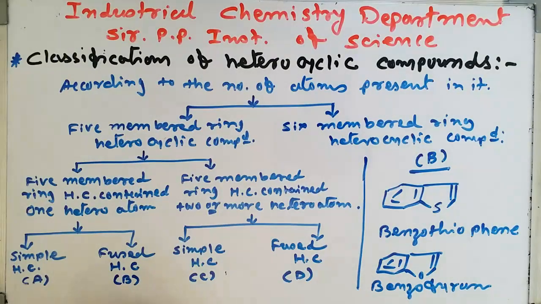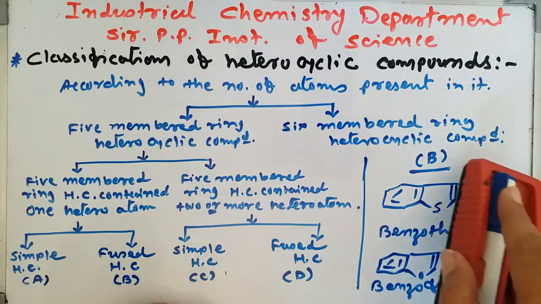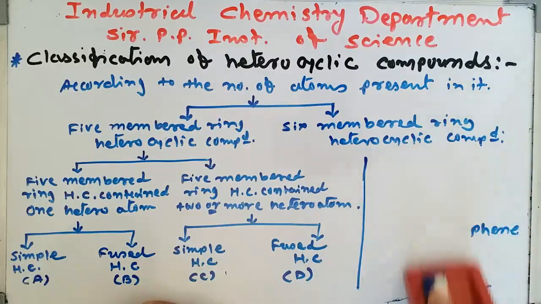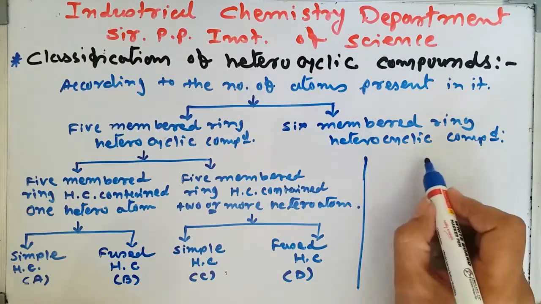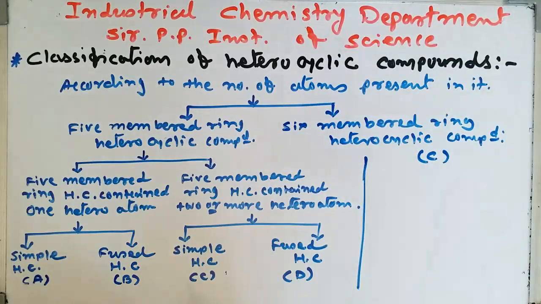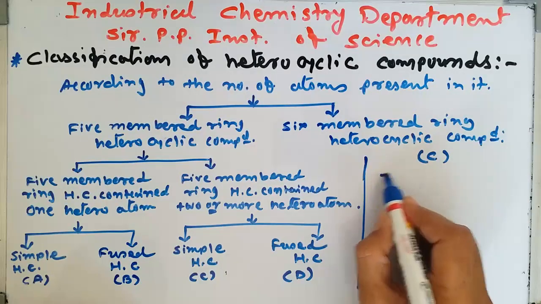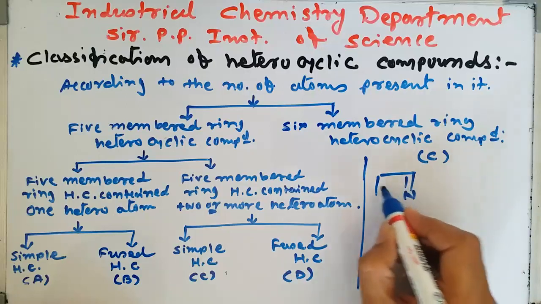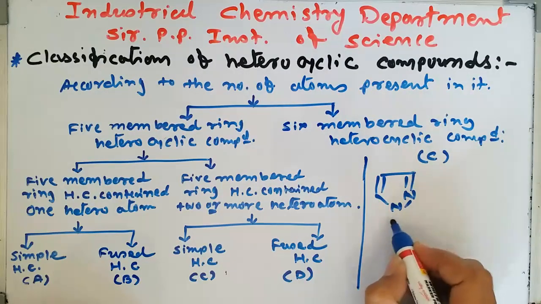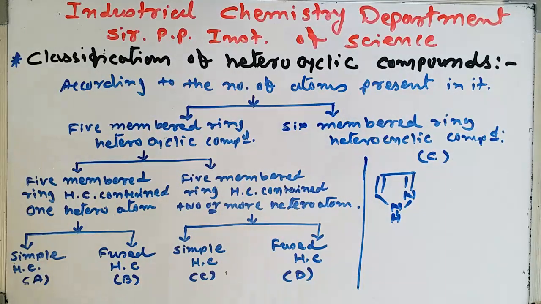Now we see the third portion C. Example of simple 5-member ring heterocyclic containing two or more heteroatoms. As for example, this is known as pyrazole.